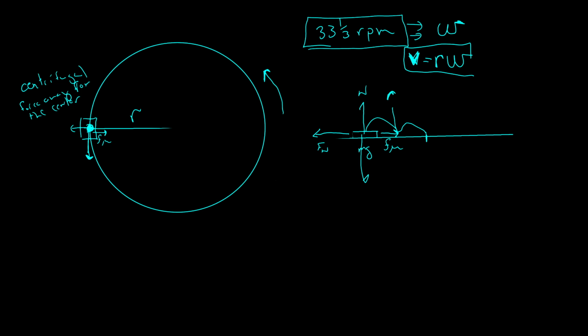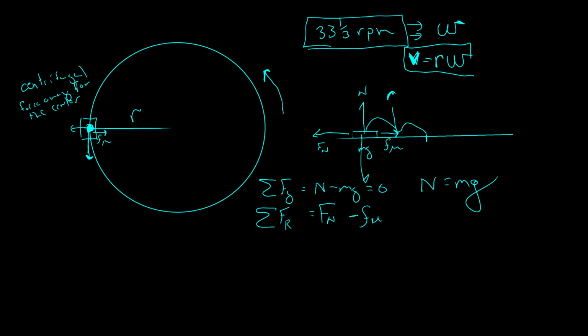We're going to look at this force diagram, and we're going to build some components out of it. So first we're going to look at the sum of the forces in the y direction. And N minus mg equals 0, or the normal force is equal to the mass times the acceleration due to gravity. And so we have the normal component of the penny on the record player. And then I'm going to call this the sum of the radial components, and we're going to talk about the fictional force minus the frictional force, and they're going to need to be equal.